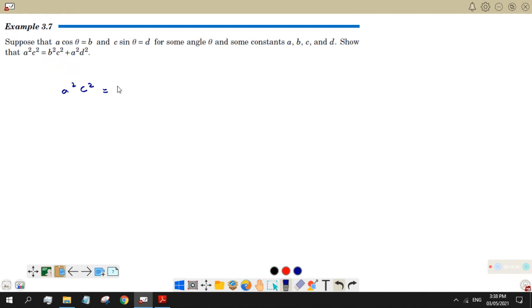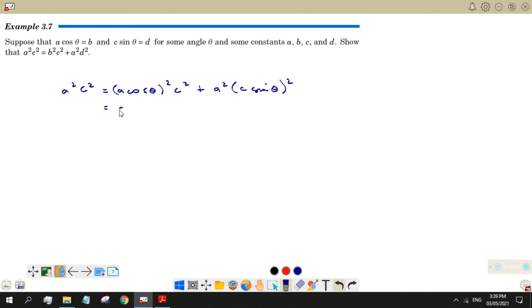So, B squared, we have A cosine theta, tas square natin siya, times C squared, plus, dito sa kabila, we have, ano to, A squared, times, ang D natin ay C sine theta squared. Okay. So, distribute natin, square natin si A cosine theta at saka si C sine theta.